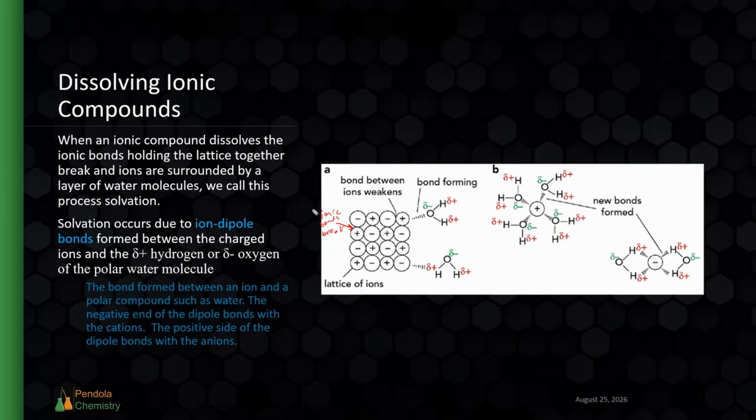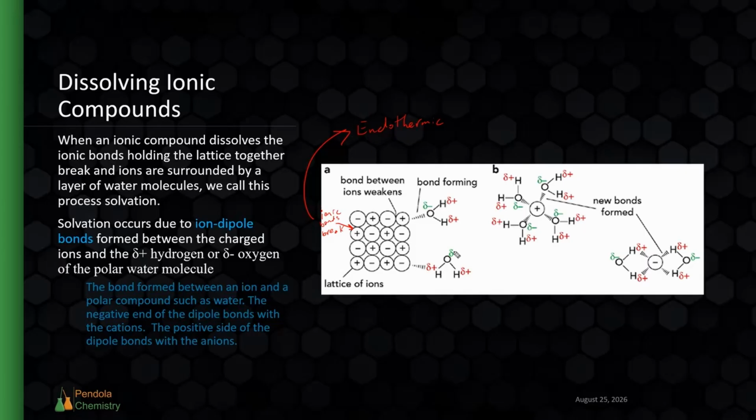Now the process of ionic bonds breaking is endothermic, because bond breaking, as we learned in AICE chemistry, is endothermic. It requires energy to break bonds. So when this ionic crystal starts breaking, ionic bonds break, an endothermic process happens.